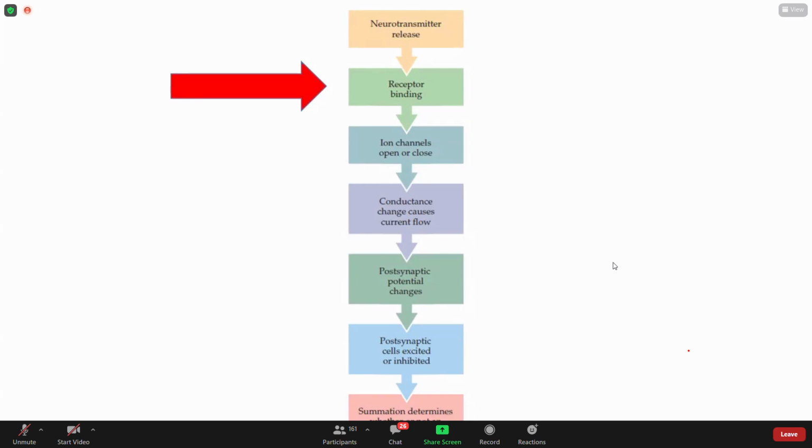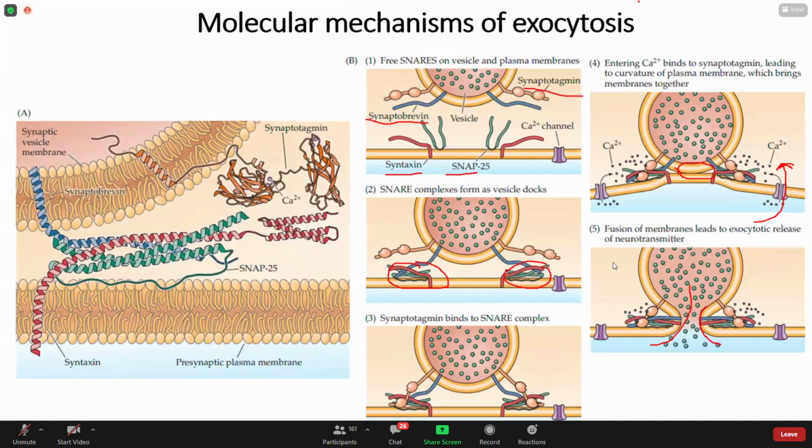And so the forming of the complexes, by syntaxin on the presynaptic membrane interacting with synaptobrevin and SNAP25 with synaptobrevin, would basically contribute to the priming.